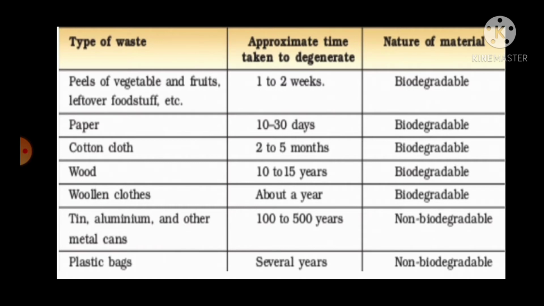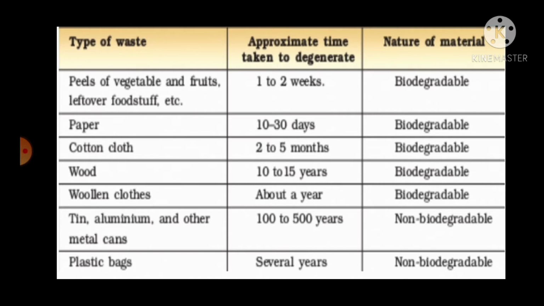Cotton cloth takes 2 to 5 months for the process of decomposition, and cotton cloth is also termed biodegradable. Wood takes 10 to 15 years to decompose, and it is also termed biodegradable.